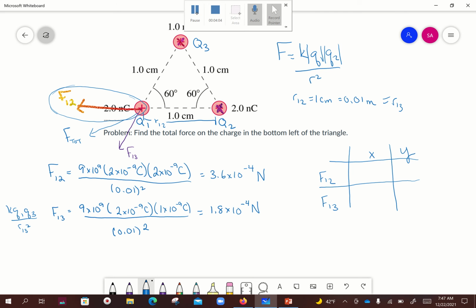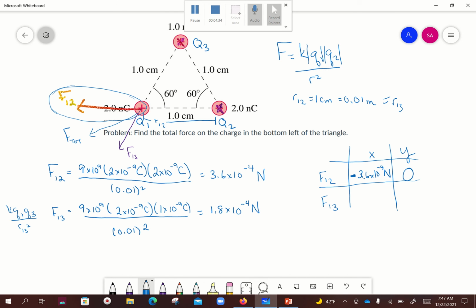It has no vertical component, so I can go straight away and put in a 0 for the Y component. And what's the X component? It's going to be the total length of the vector, 3.6 times 10 to the minus 4 newtons. Because it's going in the minus X direction, to the left, I put a minus sign in front. This is where I put in the direction of the force.